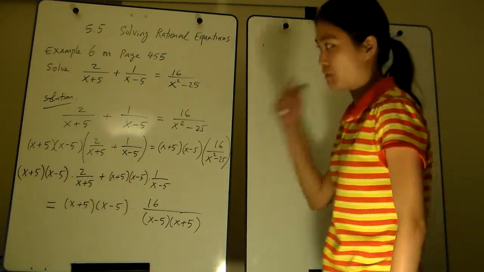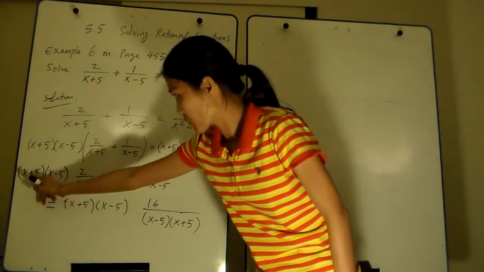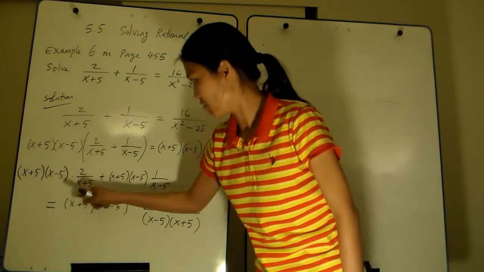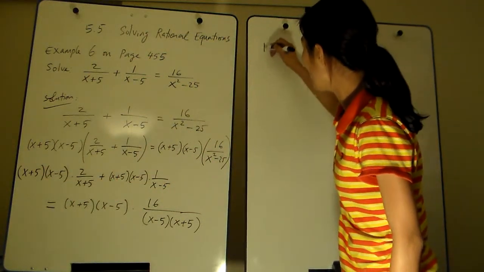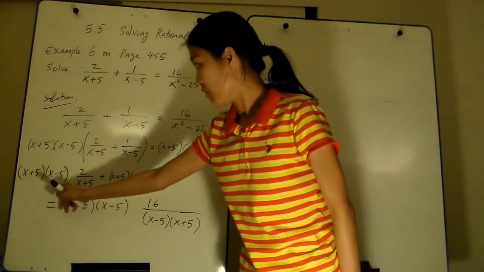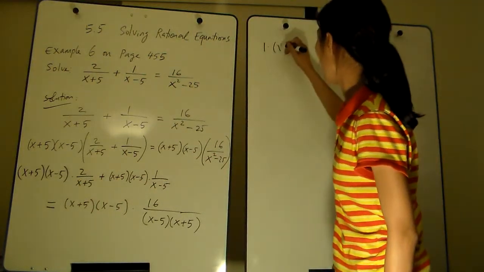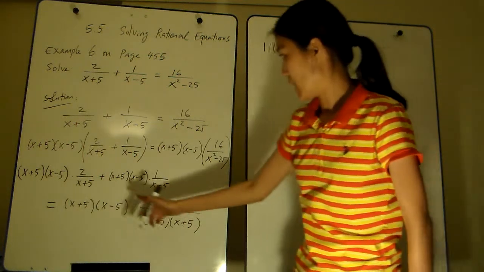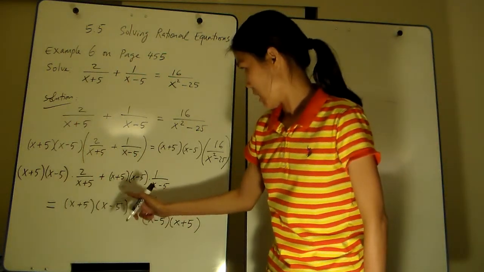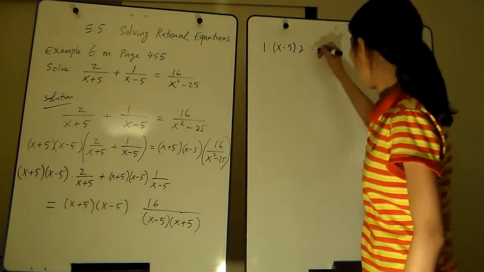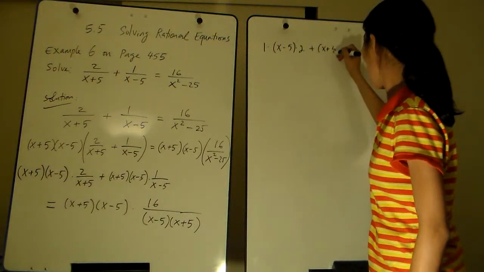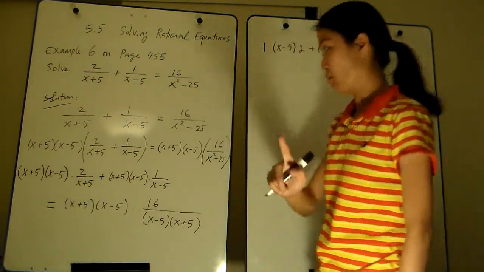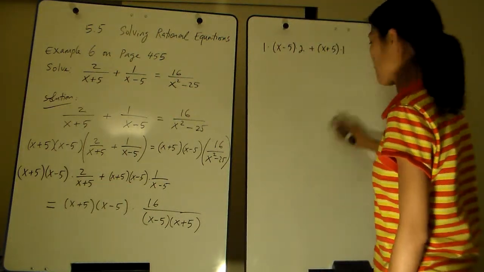All right, now simplify as much as we can. This x plus 5 on top divided by this x plus 5 at the bottom is 1, so x minus 5 times 2 remains. And then x plus 5 stays, so plus x plus 5. This x minus 5 divided by this x minus 5 becomes 1, times 1.